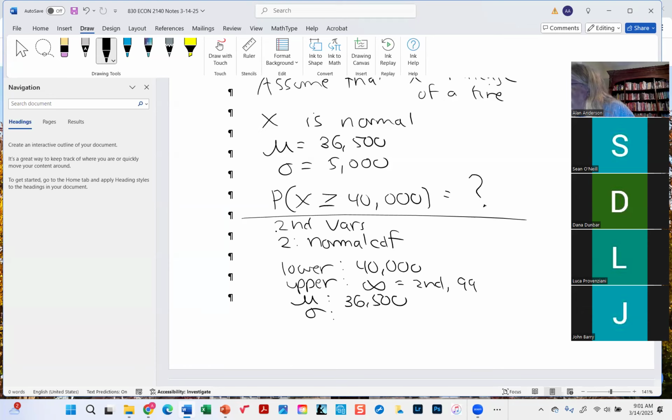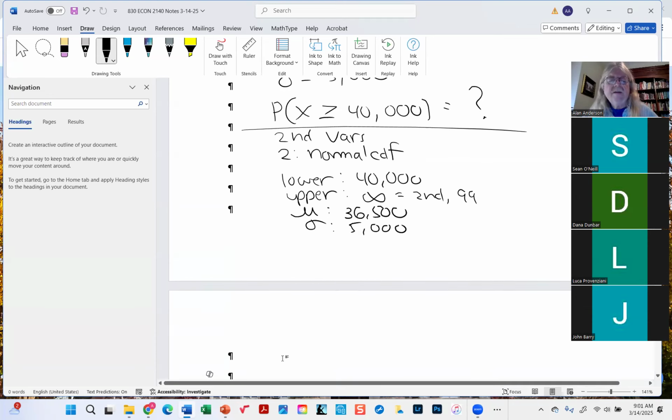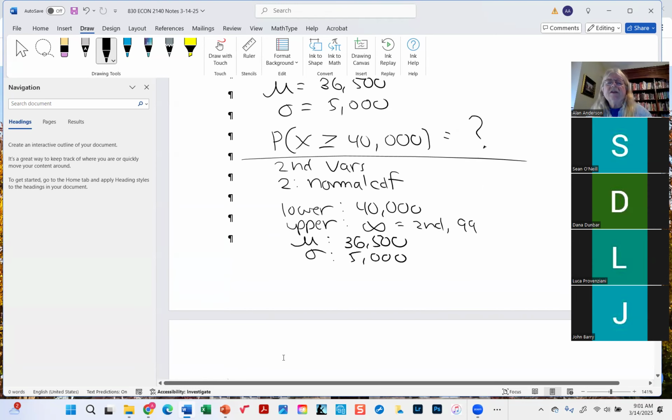And sigma is 5,000. Okay. So if you plug those in, let's see what you get. So don't forget to change, by the way, the mean and the standard deviation. Otherwise, disaster will result. It's, rounded to four places, 0.2420, approximately.